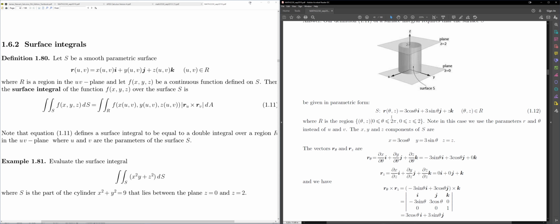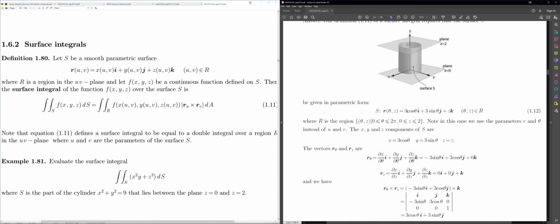In this case, the parameters are theta and z, so we're going to construct r_theta and r_z, just because we're calling the parameters theta and z instead of u and v. So what is r_theta? To get that, you differentiate each of the component functions with respect to theta.